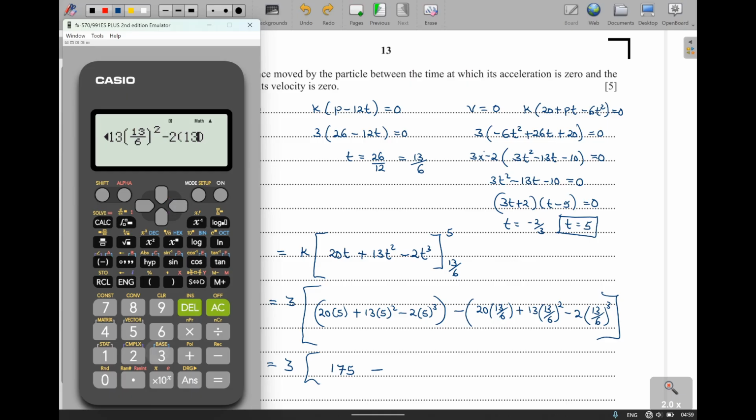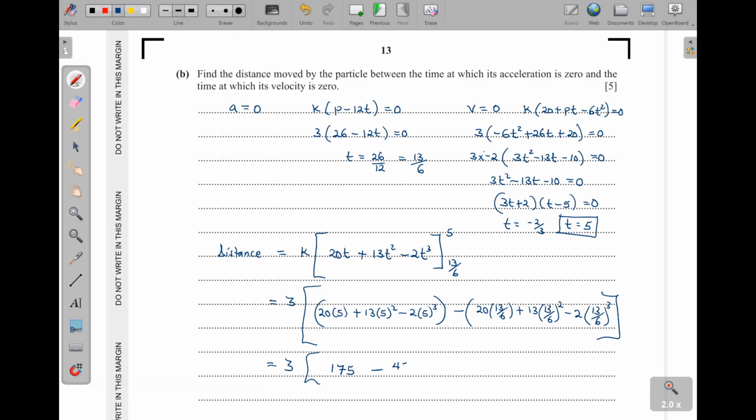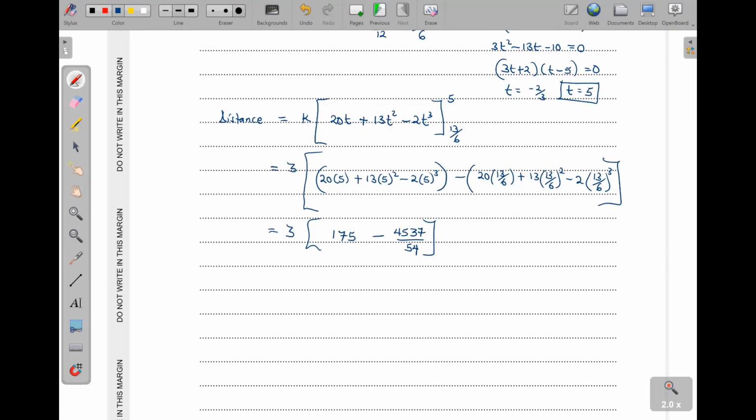This is 4537 over 54. Then when we multiply all through by 3, what do we get?